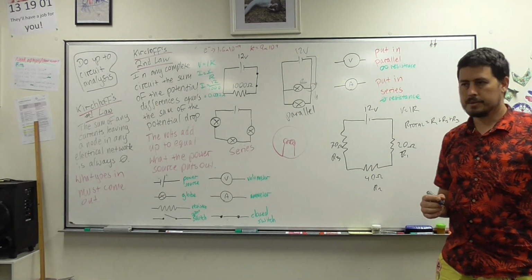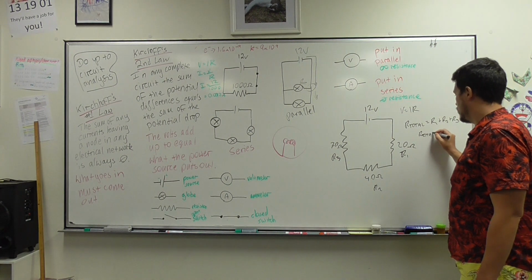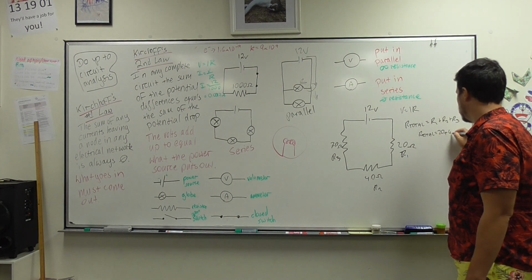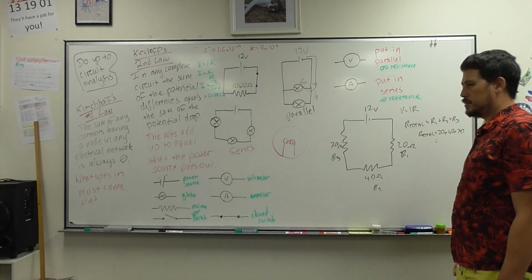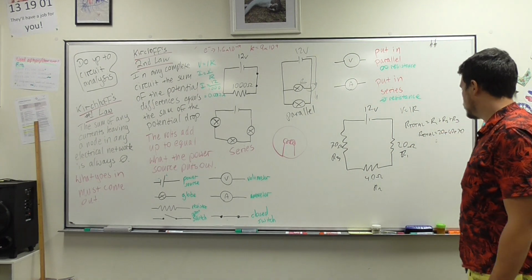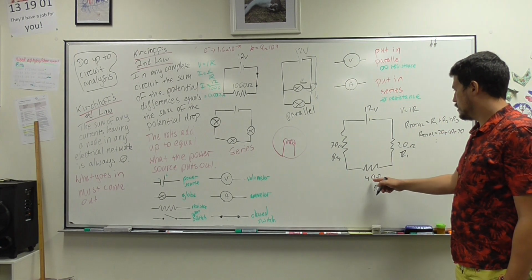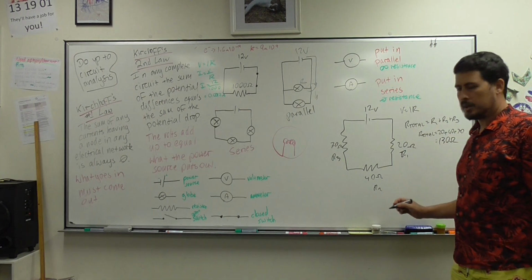So it's quite simple, isn't it? You just add them together. So R total will equal 20 plus 40 plus 70. Sorry, 20 plus 40 is 60, so 130. You've got a total of 130 ohms.